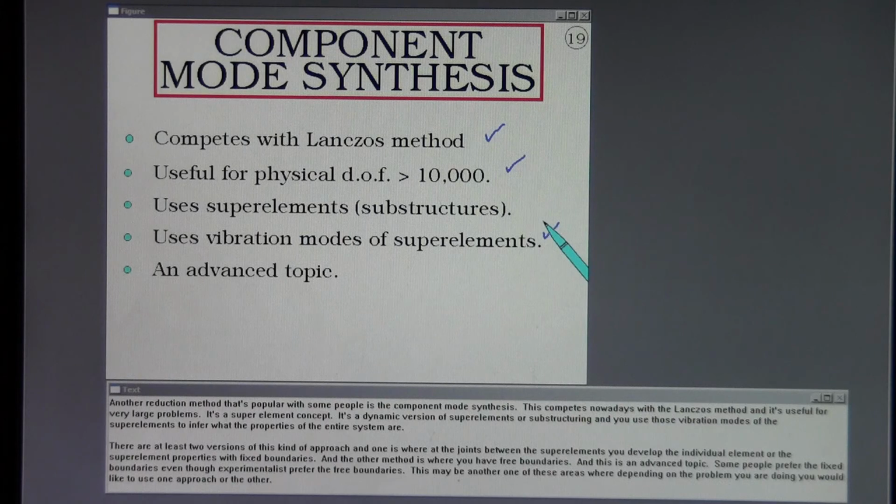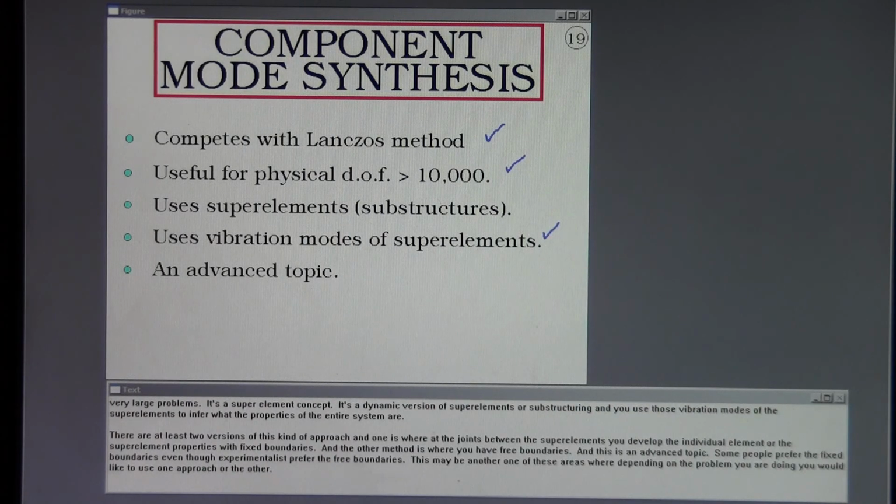There are at least 2 versions of this kind of approach, and one is where at the joints between the superelements you develop the individual element or the superelement properties with fixed boundaries, and the other method is where you have free boundaries. And this is an advanced topic.